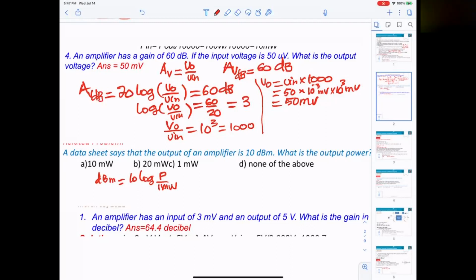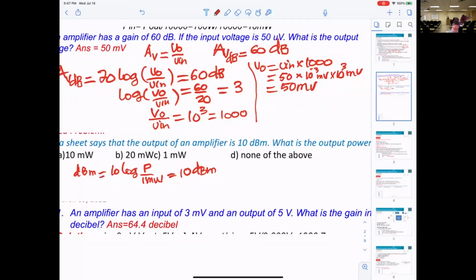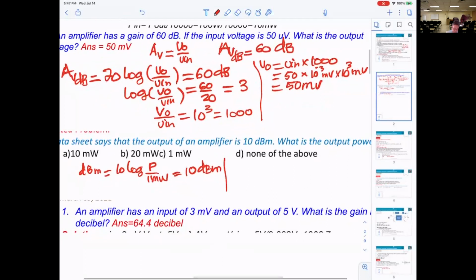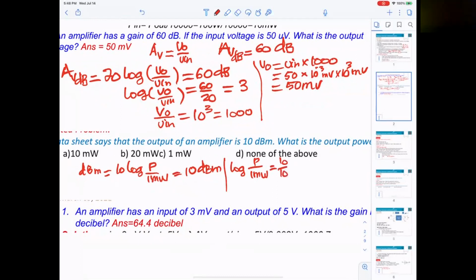And you replace the dBm with 10, because they gave you 10 dBm. So you take the log only: P over 1 milliwatt equals 10 divided by 10, equals 1. Okay?